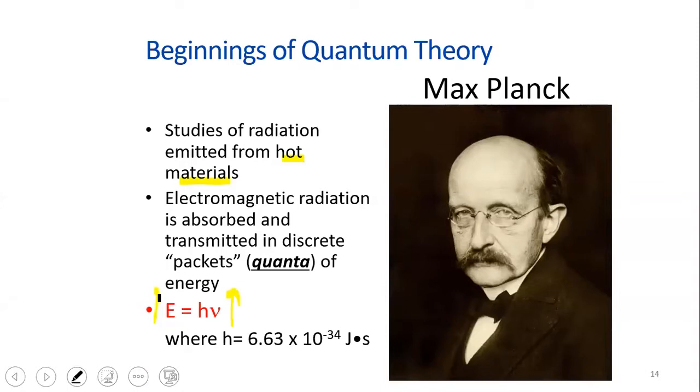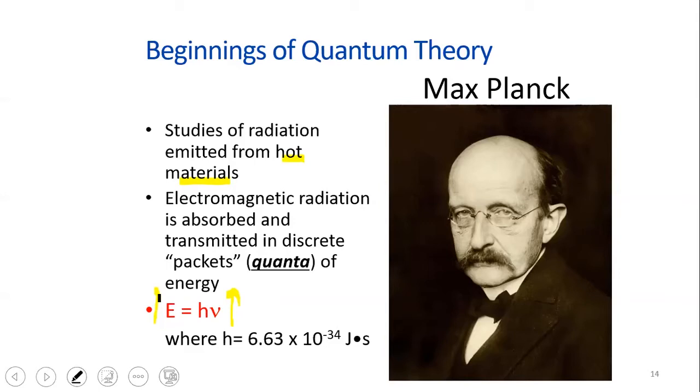Remember, we said that gamma rays have more energy than visible light. If you look back at that chart, you see that gamma rays have much, much higher frequencies than visible light. And therefore, these quanta of light carry more energy.